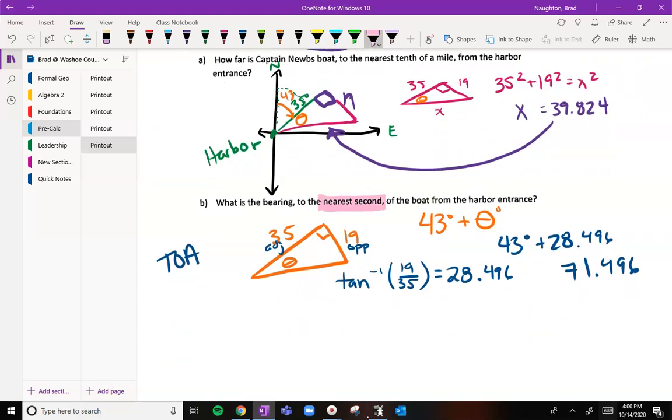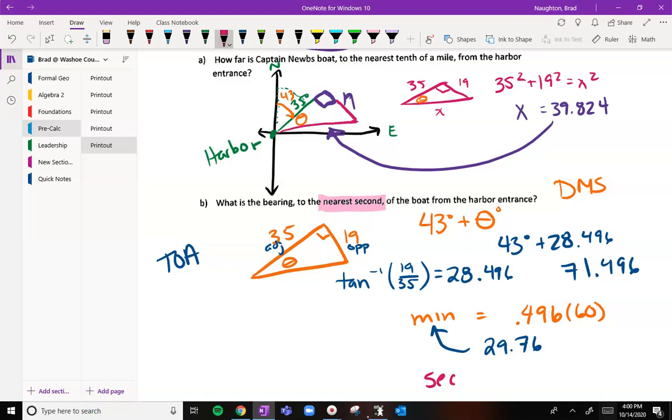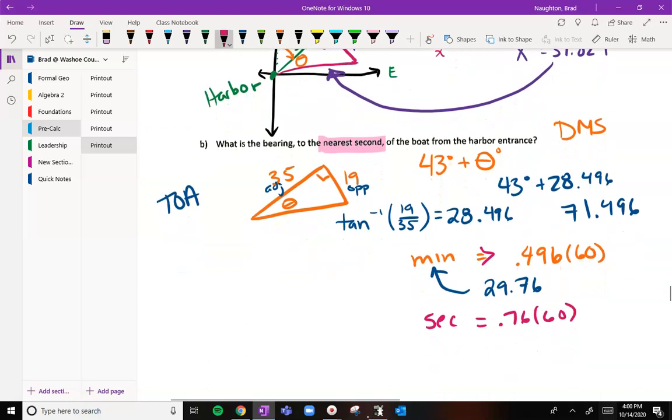It says to the nearest second. So remember, we got to bring out that DMS. So I'm going to take that 0.496 and multiply it by 60. This is the minute part. So 0.496 times 60 is going to be 29.76. So my minutes are 29, and that 0.76 is seconds. So we'll do 0.76 times 60, because there's 60 seconds in a minute.